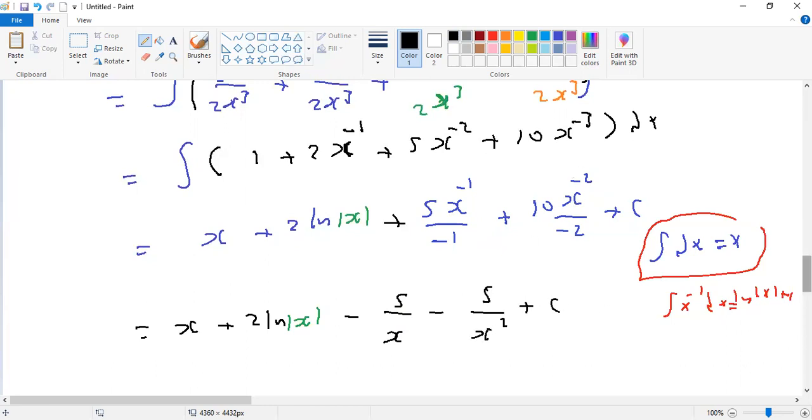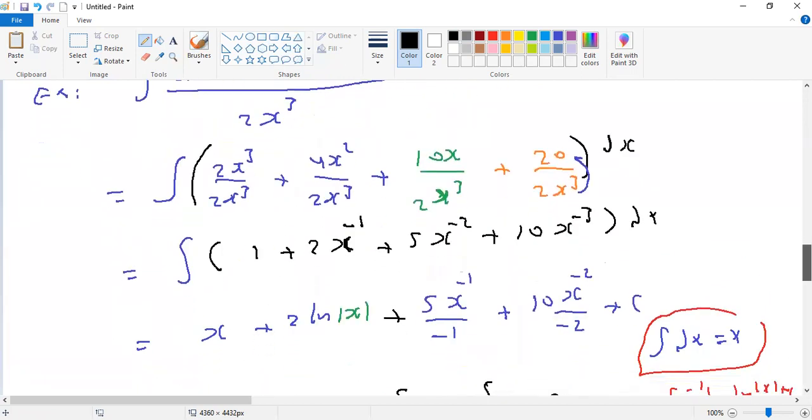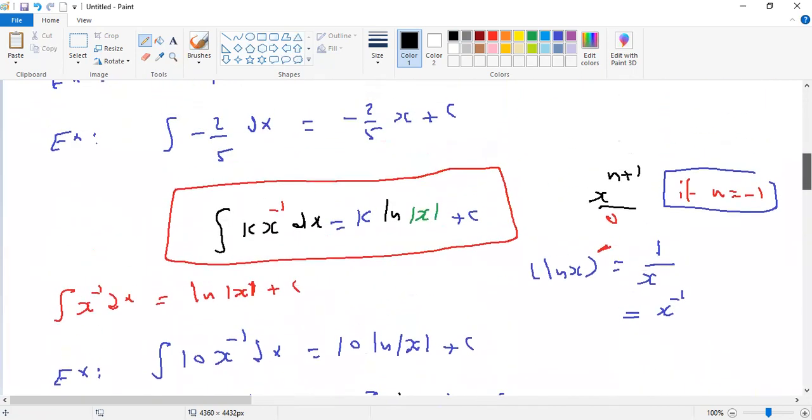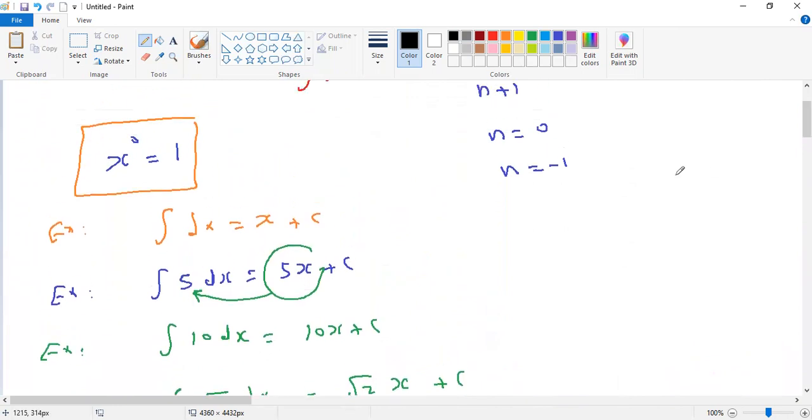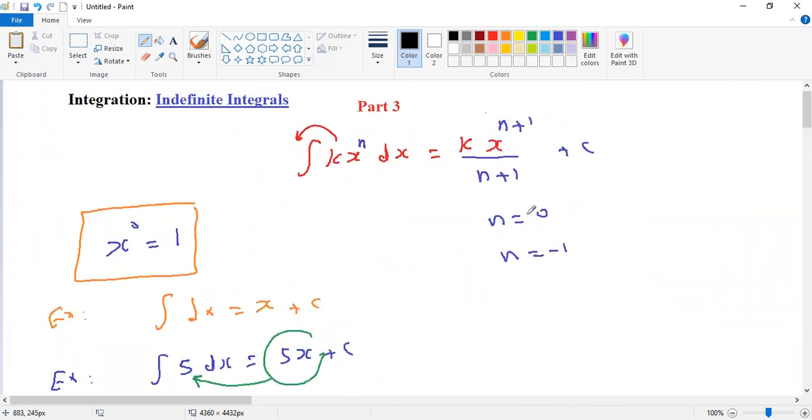Here I explain in this video: if x to the power n, with n equal to 0, then I have only the integral of a constant dx, so the answer is x plus c.